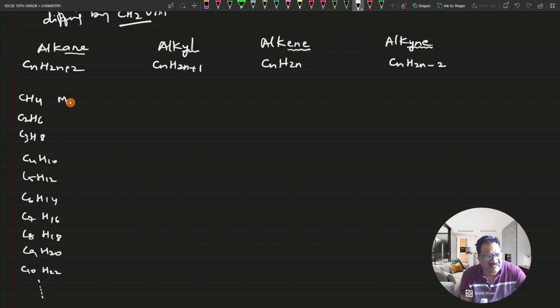The names: this will be methane, this will be ethane, this will be propane. Now remember these names with the carbon number.